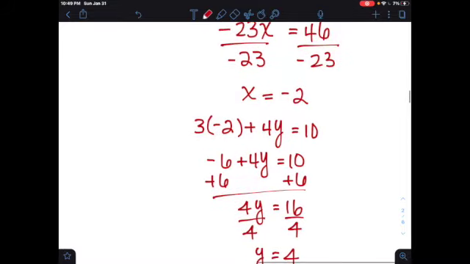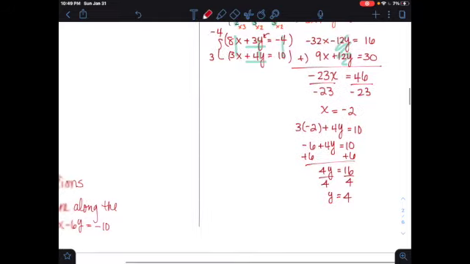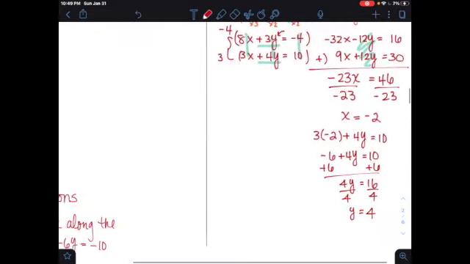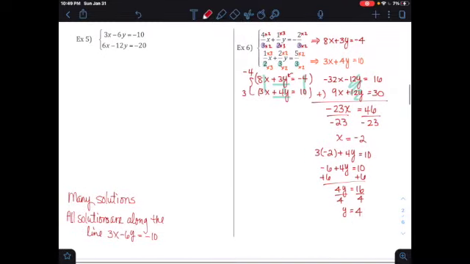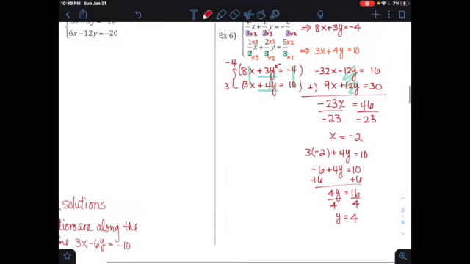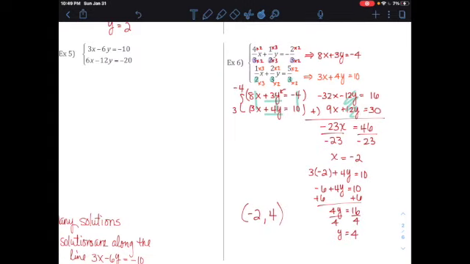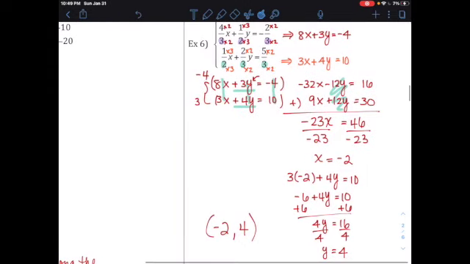Then this is all done, and if you check it, it should be the correct answer. With a fraction, it's a little difficult, so plug into the whole number one. And so now the answer is going to be negative 2 and positive 4. And that is how you take care of a fraction problem.